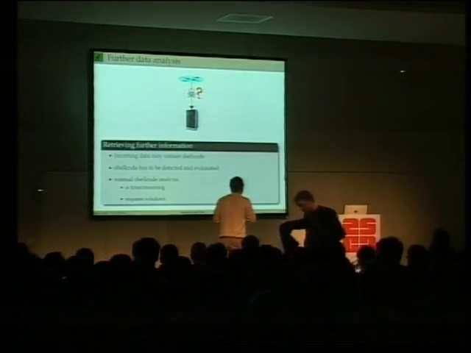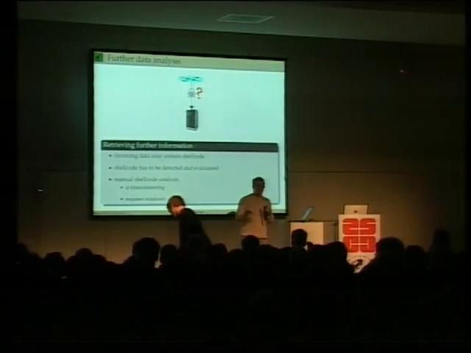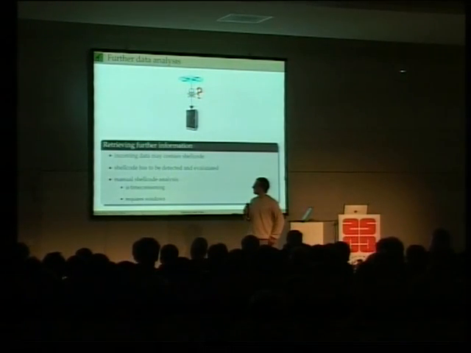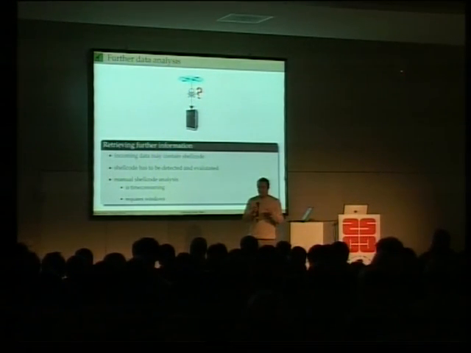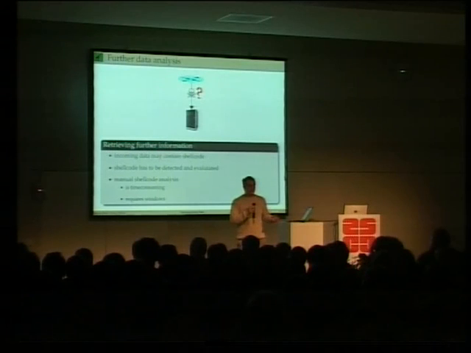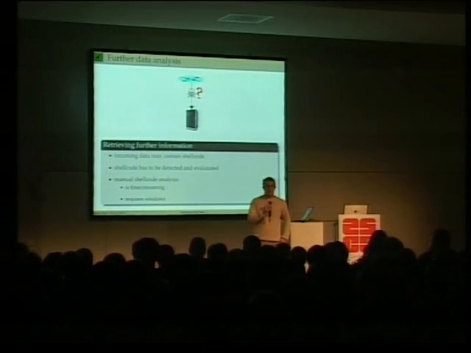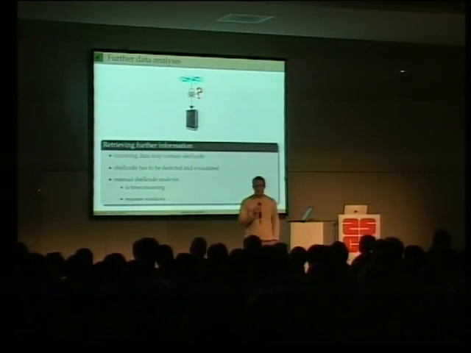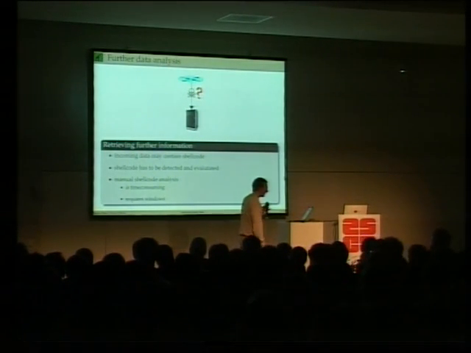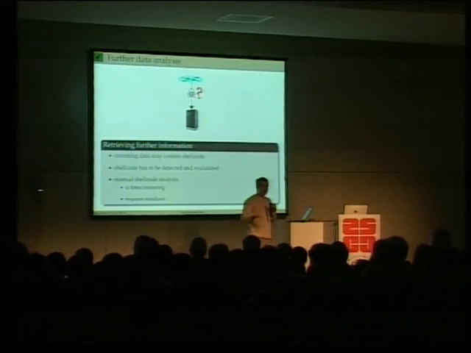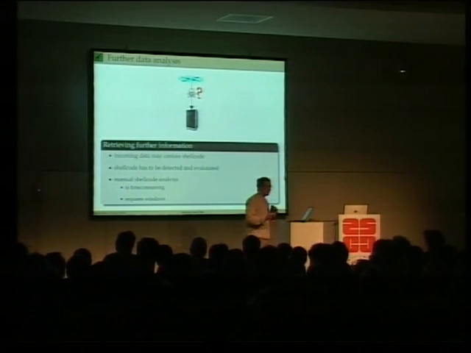And there are several different approaches to detect shellcode. The most known approach is manual analysis. Manual analysis is pretty time consuming and it requires Windows. And as Till already mentioned, we were looking for something to make Linux exploitable to Windows exploits.